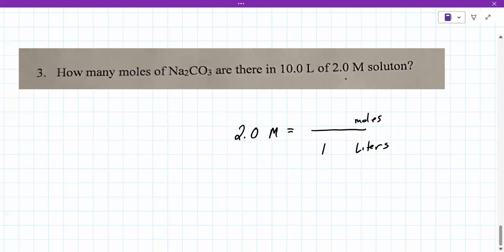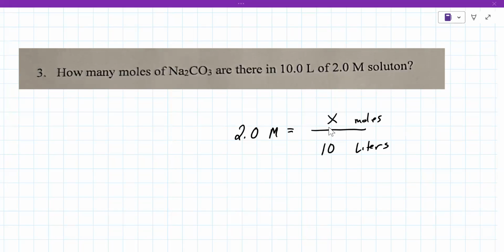And we're given 10 liters. How many moles is that then? Basically, what number divided by 10 gets you back to 2? Oh, 5. 5 divided by 10 is 1/2.